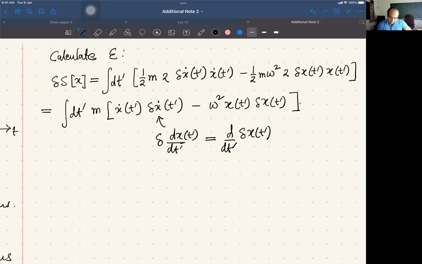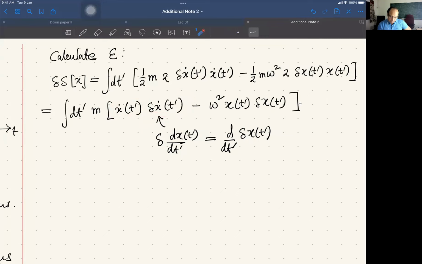If you use that, then you have a time derivative here, and this time derivative can be pulled outside to make a total time derivative, minus the time derivative acting on the other factor. That is how you can make delta x free of derivatives. So there are two terms: one is the total time derivative, and the other is minus one extra time derivative here, but with delta x free.